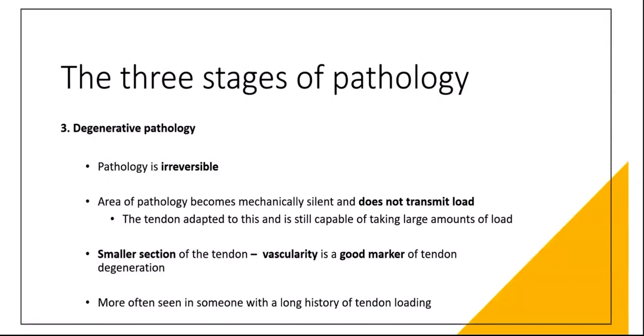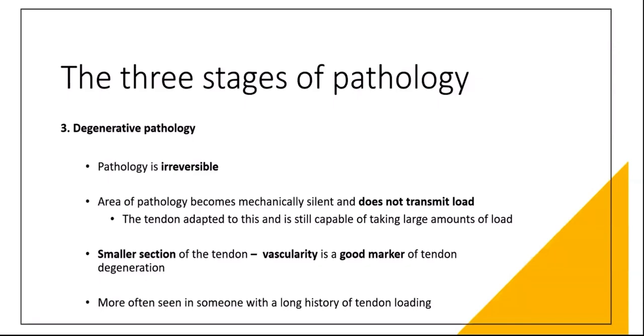As you know, there are some areas of pathology which become mechanically silent and they do not transmit load anymore. And we talk about a smaller section of the tendon. And vascularity is a good marker of tendon degeneration, which you could see on medical imaging.